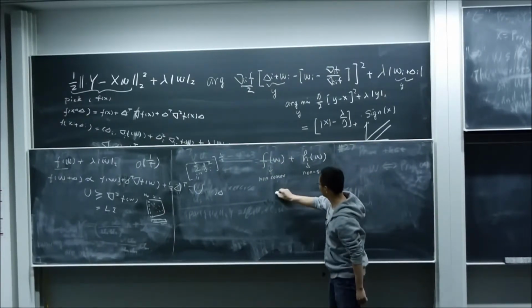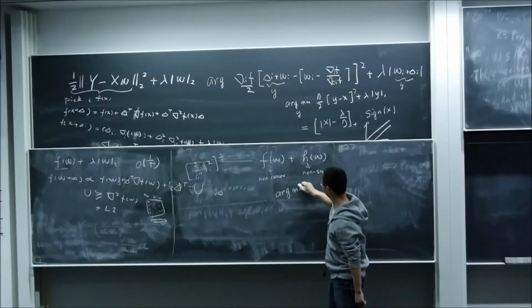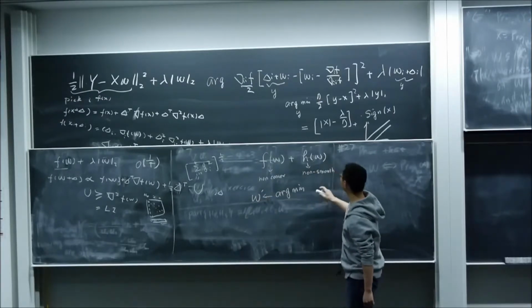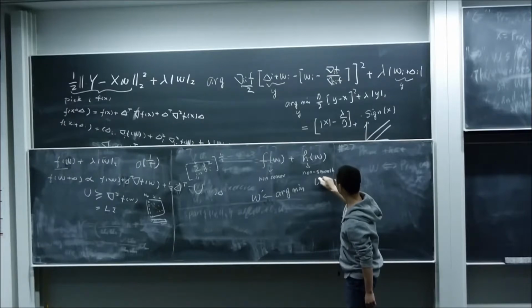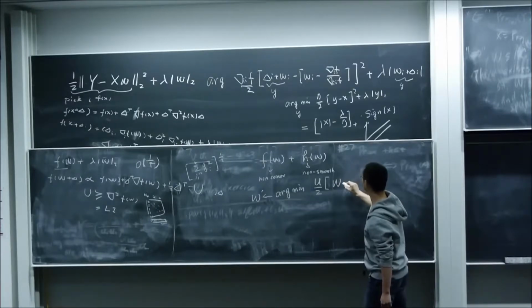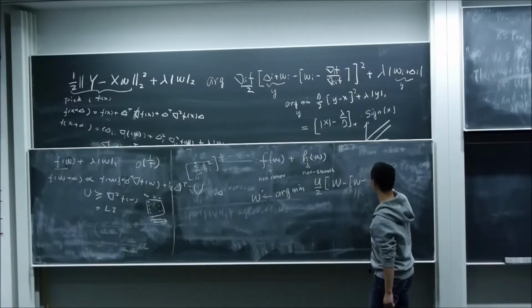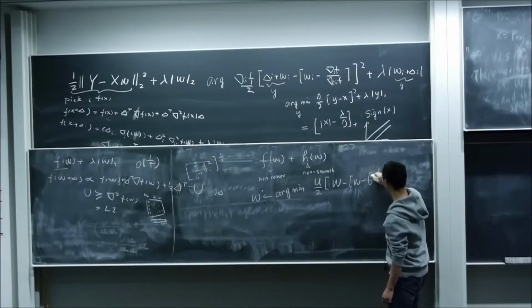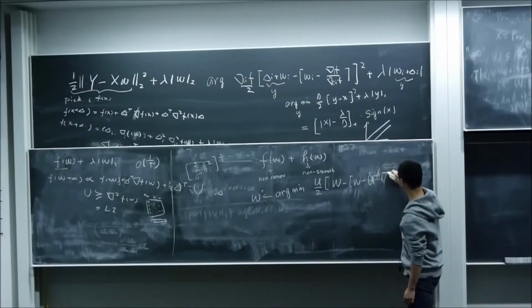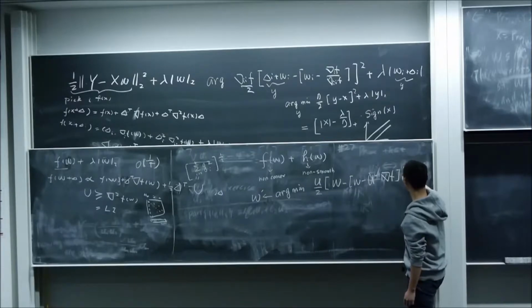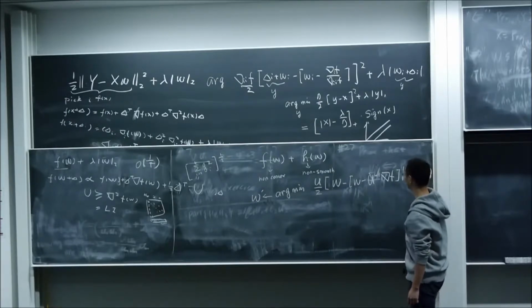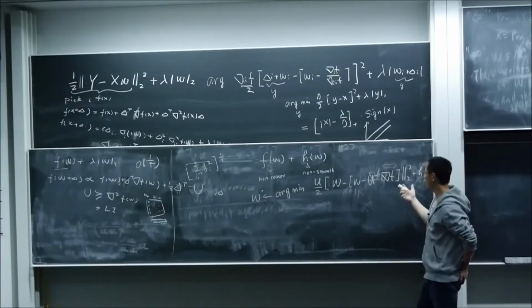Each time you're solving, this is the new value of the W. You're solving for U. Now in this case, you still have a quadratic here.